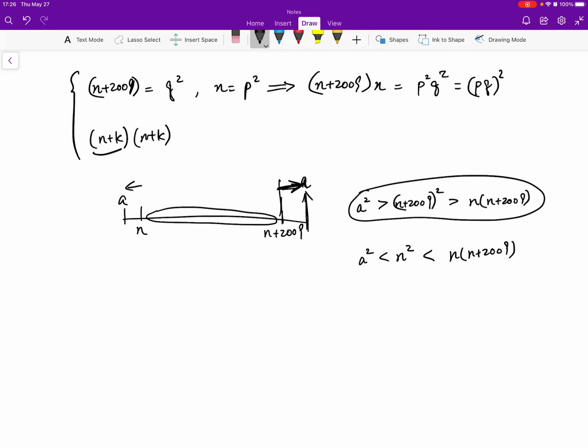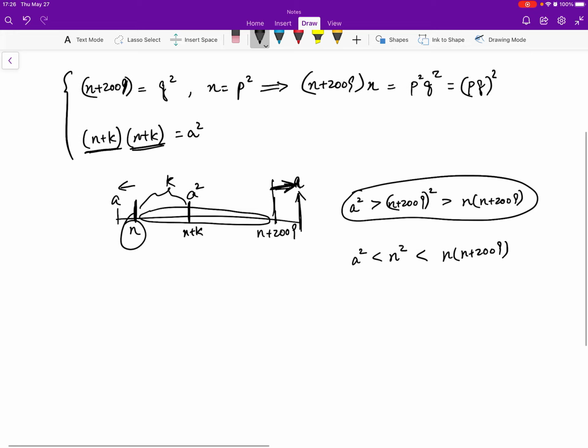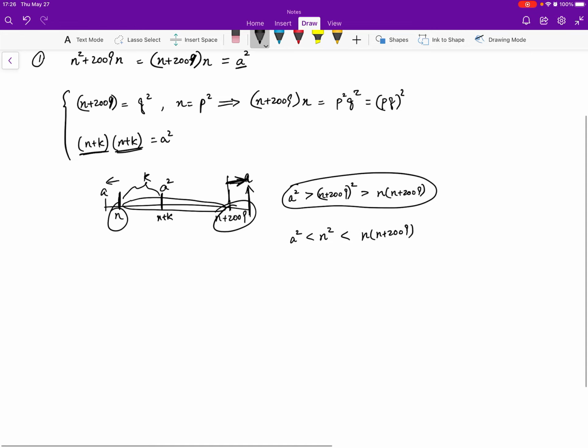So n plus k is a, because that equals a squared, right? N plus k should be somewhere around here, where this is the value of k. So this number, squared itself, equals n times n plus 2009.